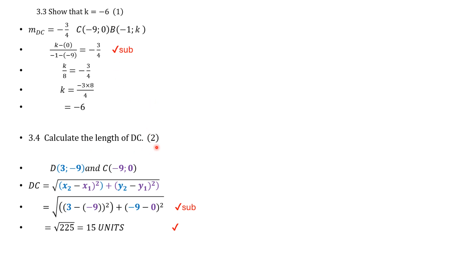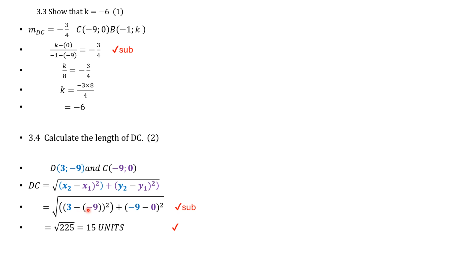Right, now calculate the length of DC. So it's straightforward. We still remember T is 3 and negative 9. C is negative 9 and 0. Using the distance formula, TC equals the square root of (x2 minus x1) all squared plus (y2 minus y1) all squared. So from here my x's are 3 minus minus 9 and minus 9 minus 0 for my y values.